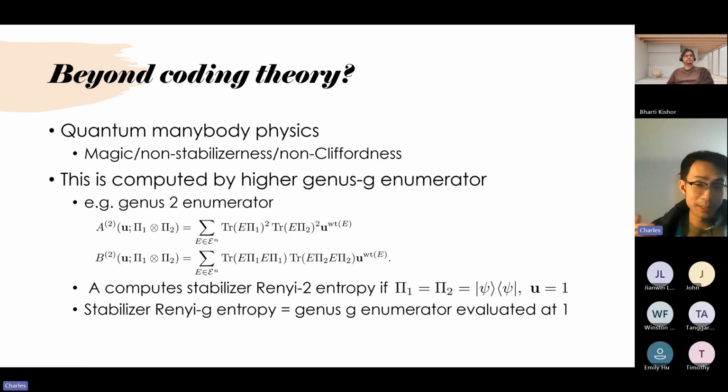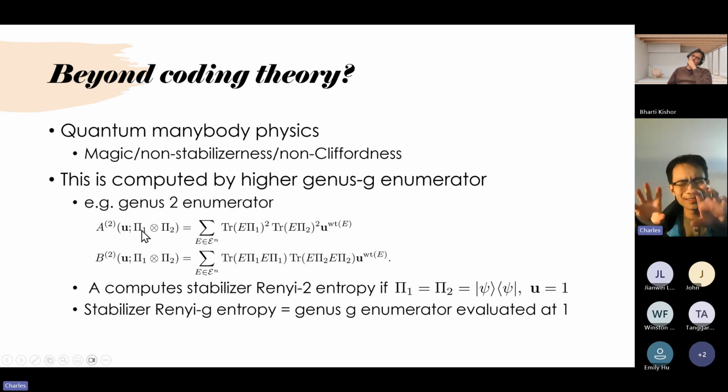And beyond coding theory, you can also use enumerators to compute the magic that's present in a quantum state. For this, we would need something called a higher genus enumerator. Essentially, you take two tensor copies of the code and plug them into M1 and M2.